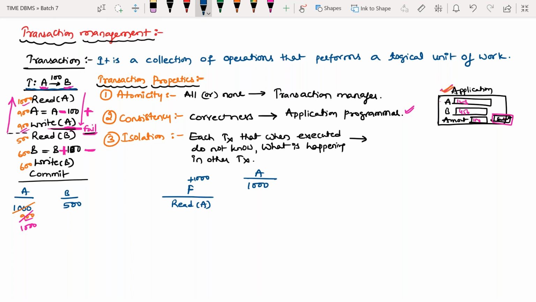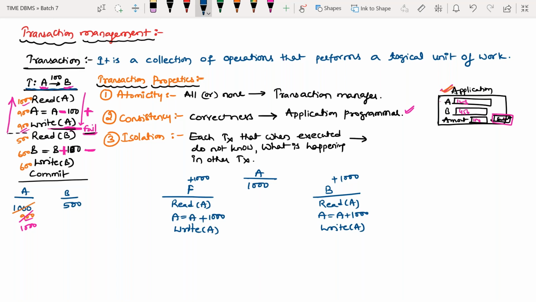That update requires reading the current balance. Then the current balance is to be added with 1,000 rupees. Then that updated balance is written to account A. Similarly, suppose I request my brother also to deposit 1,000 rupees, and my brother does the same thing: it reads the current balance of account A, adds 1,000 rupees, then performs a write on A, so that the updated balance is written to the disk.